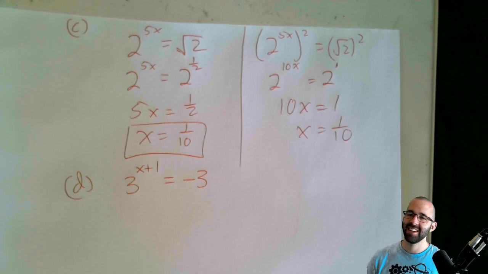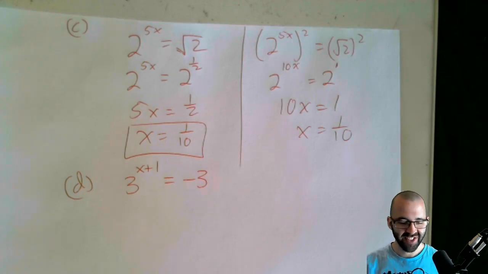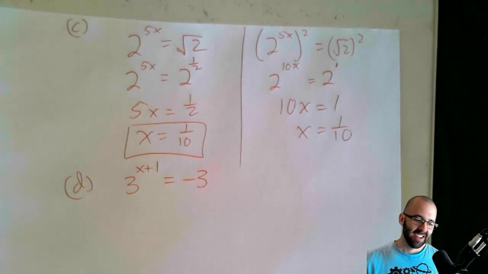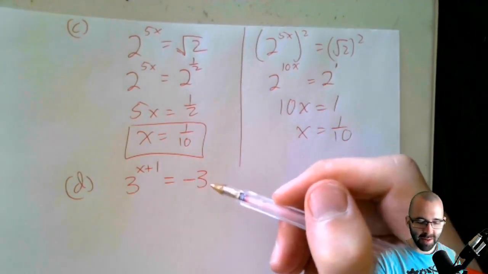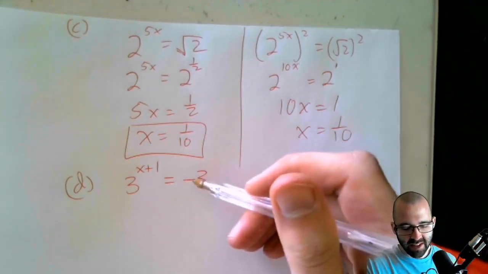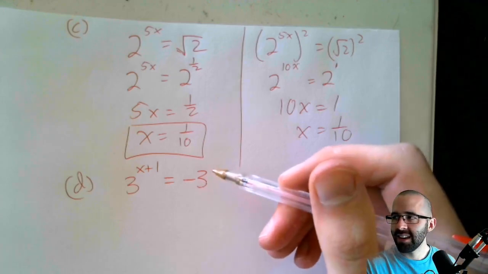What about this one? A negative exponent means reciprocal, but this is not a negative exponent. This is a negative number.